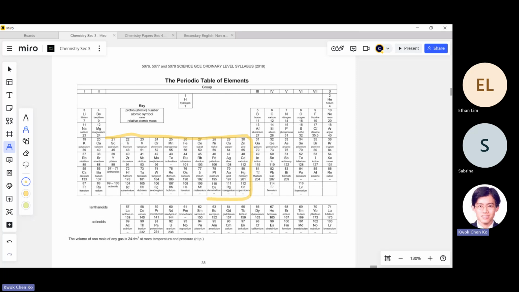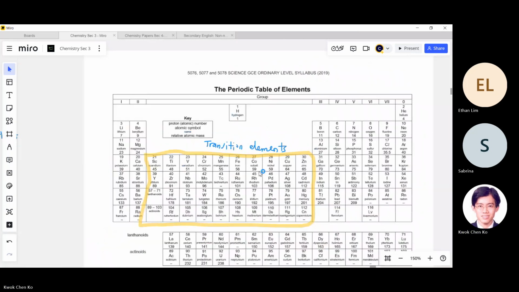They are called, now, these are your transition elements. So yeah, for O levels, we're interested in group 1, 17, 18, and a bit about transition elements. But let's quickly go through group 1.